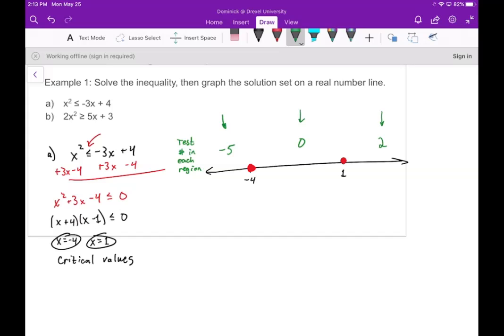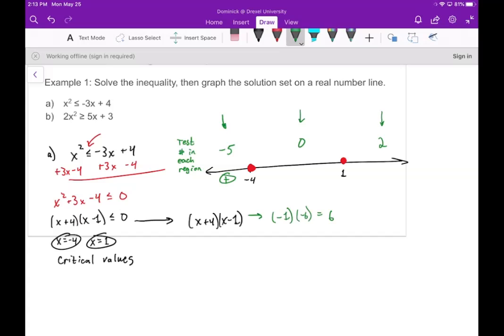Now we're going to use the factored form, so we have x plus 4 and x minus 1. For example, if x is negative 5, we get a negative 1 times a negative 6, which is a positive 6. So when I tested negative 5, I got a positive number.